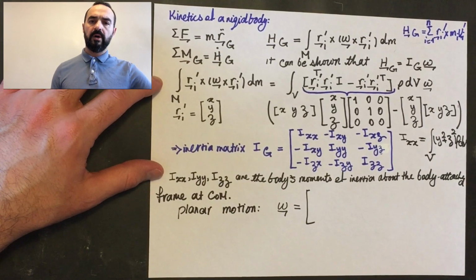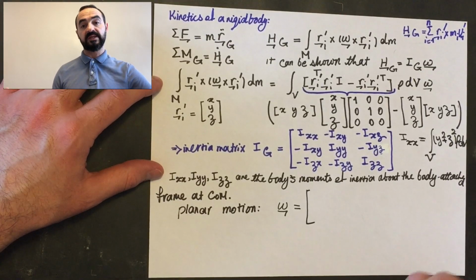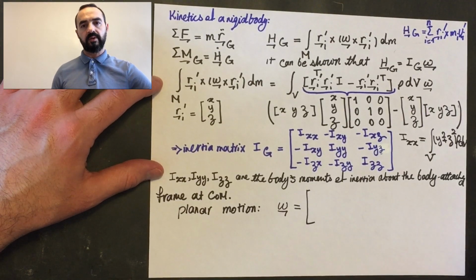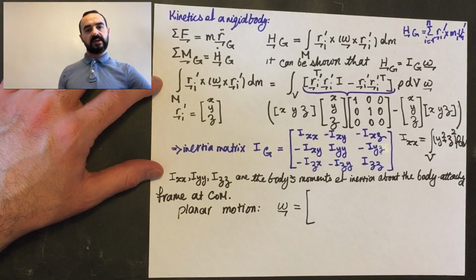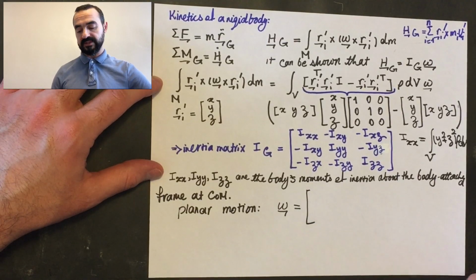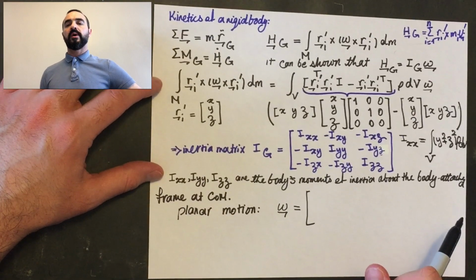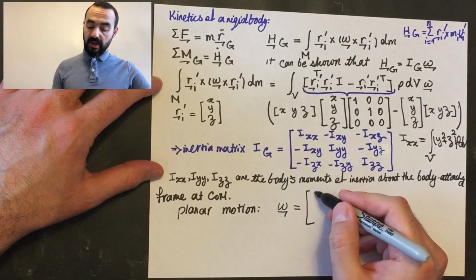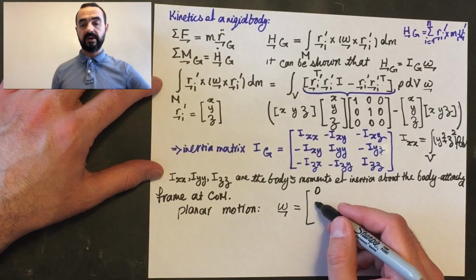Let's say I have my body rotating about the z-axis. It doesn't make any difference if you assume it rotates about the x-axis or y-axis. Let's say it only rotates about the z-axis. So if it only rotates about the z-axis, how many non-zero components do we have for omega? The x component is going to be 0 because we are not rotating about the x-axis.